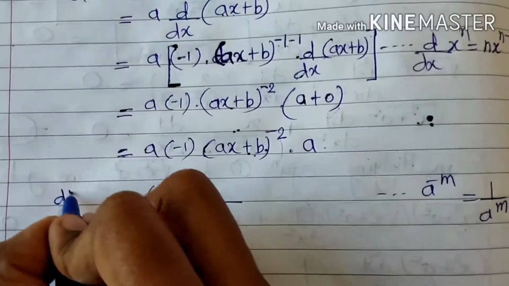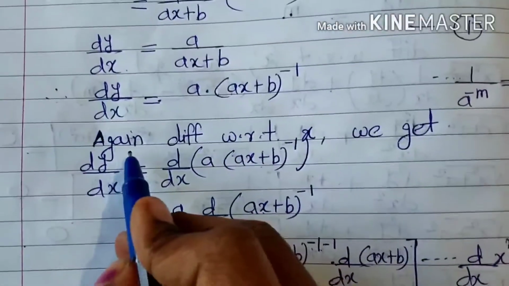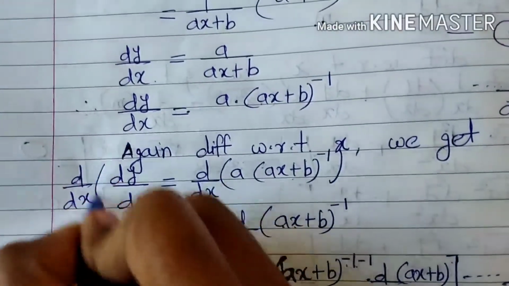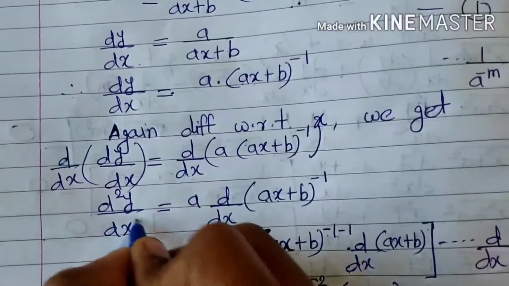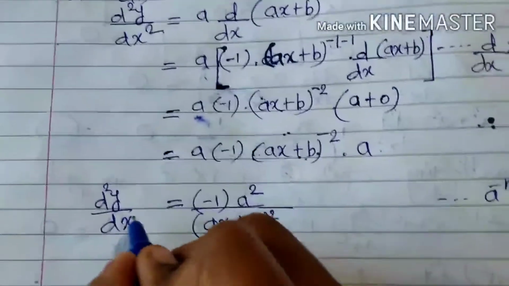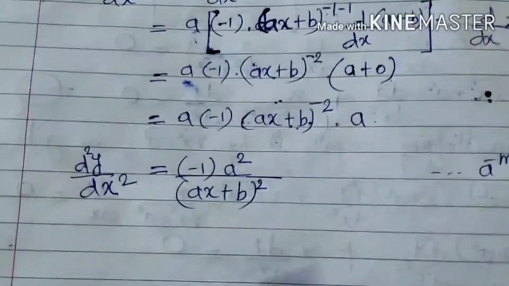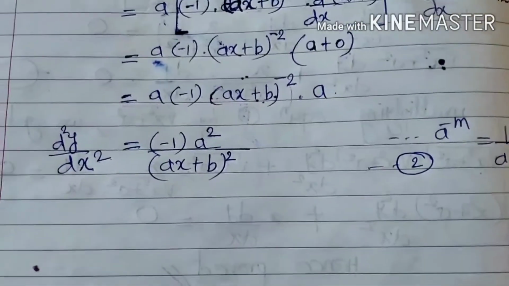So this is d2y upon dx square. There is one mistake, when we differentiate it, then it will become d by dx of this dy by dx. So we get d2y upon dx square, and this is our equation 2. So you can write here equation 2.